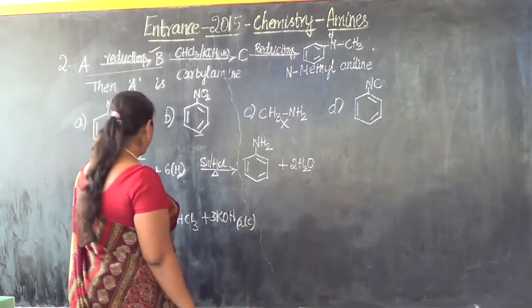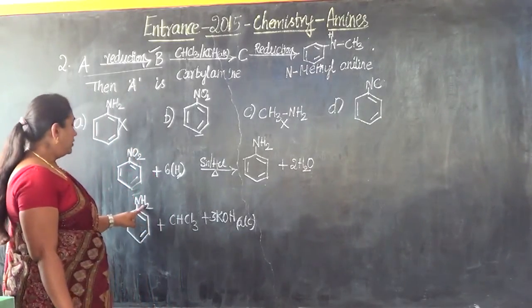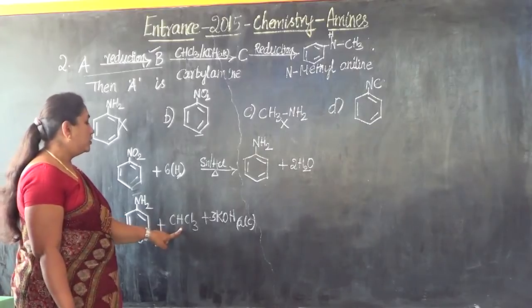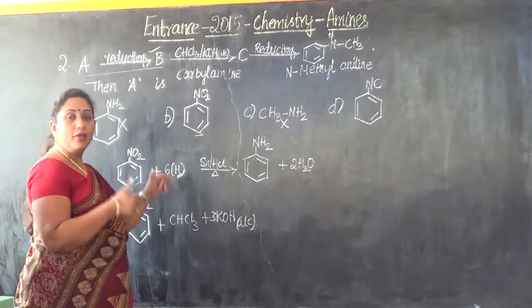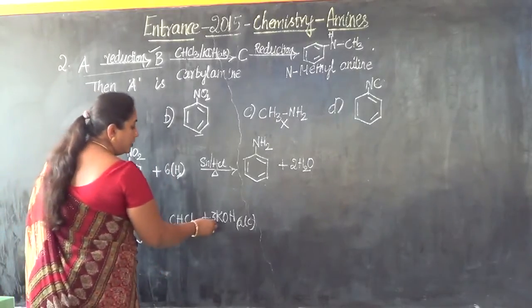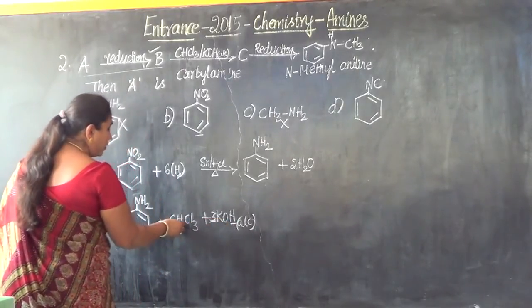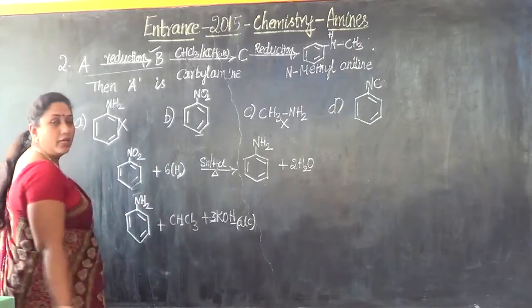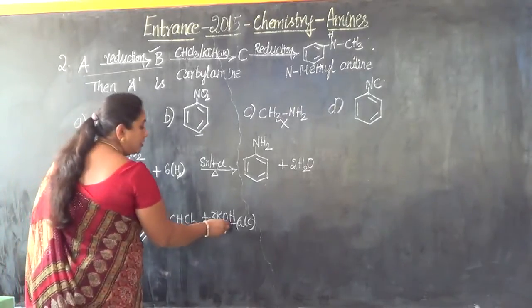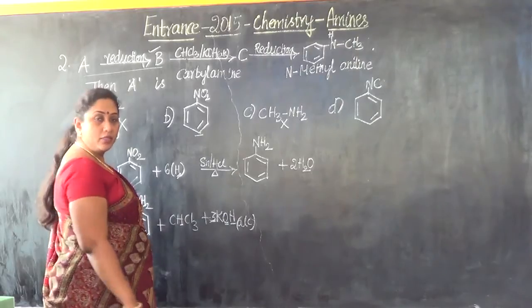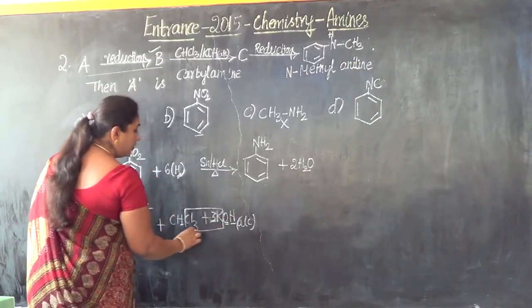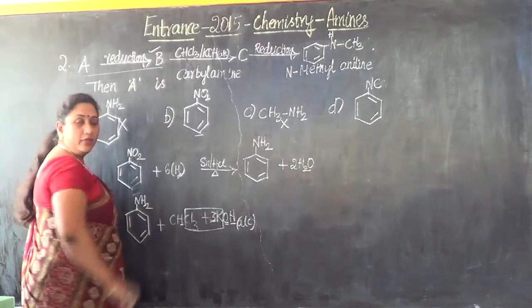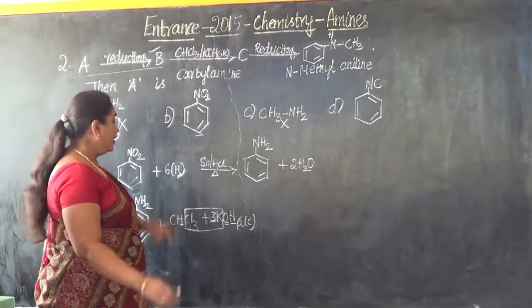Six hydrogens in total, 3 from the amine and 3 hydrogens from chloroform, combine with 3 oxygens and go out as 3 molecules of water. Then 3K combines with 3Cl, forming 3KCl.